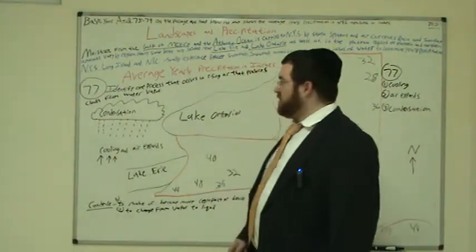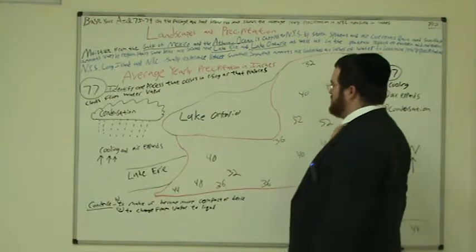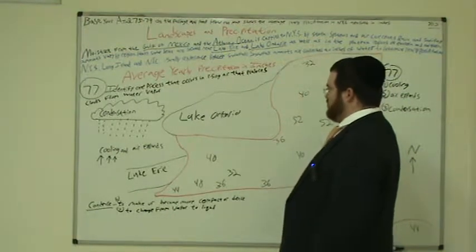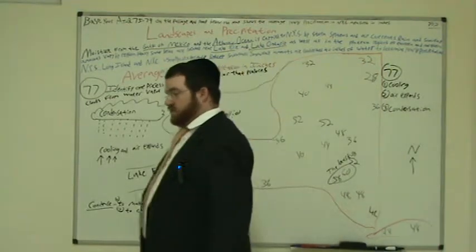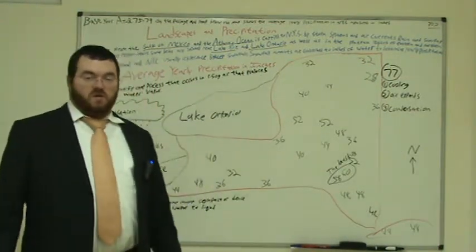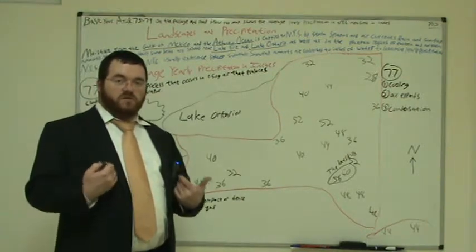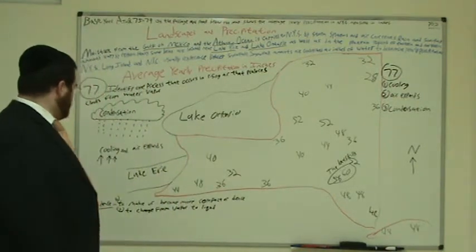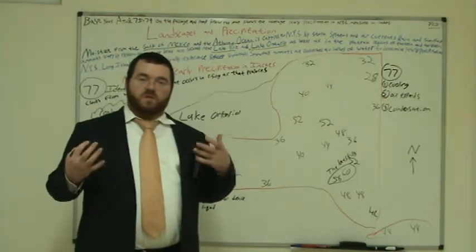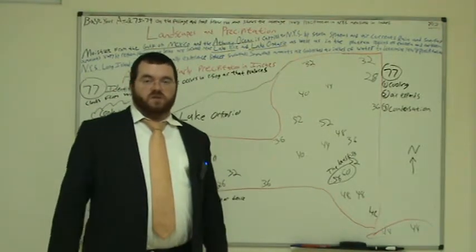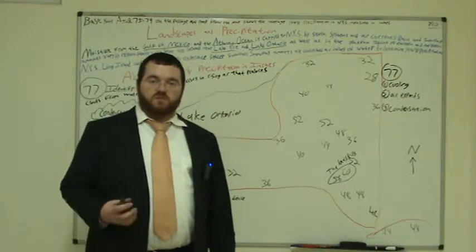Question 77. Identify one process that occurs in rising air that produces clouds from water vapor. Well, let's look at the process of how clouds come about. First, it's warm, and warm air expands because it's near the water.